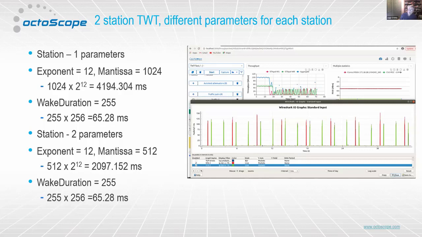So a clever AP could keep legacy devices off the air while it serviced the AX TWT-capable devices. I think there are ways to make it all work, but I agree, typically when everybody is speaking the same language, it's going to be somewhat more efficient.